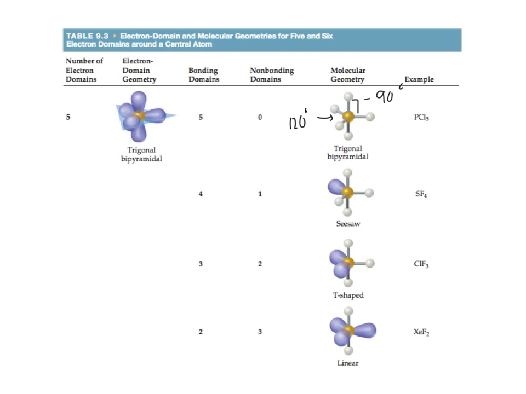So as you can see, once again, as we progress down within a specific number of electron domains, so in this case 5, our bond angles that we originally have are going to get smaller and smaller and eventually potentially morph into something very, very different.